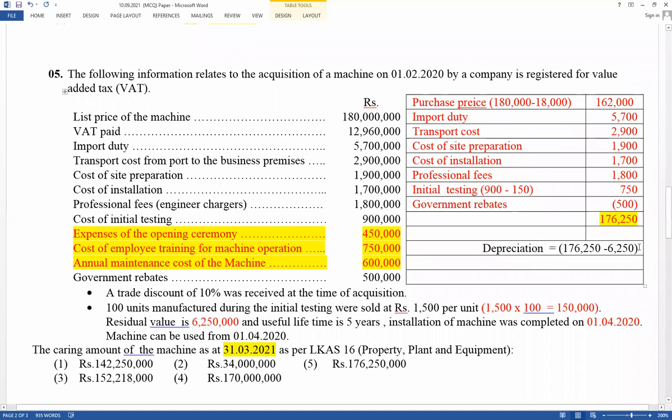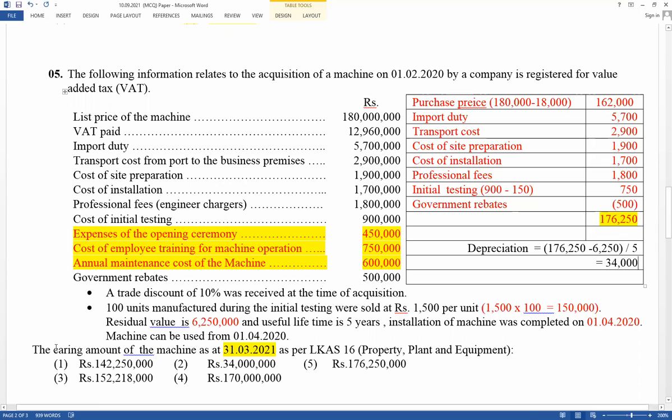Think how to calculate annual depreciation. Therefore, annual depreciation equals cost value 176,250. From that value deduct 6,250, divided by 5. Therefore, annual depreciation equals 34,000.